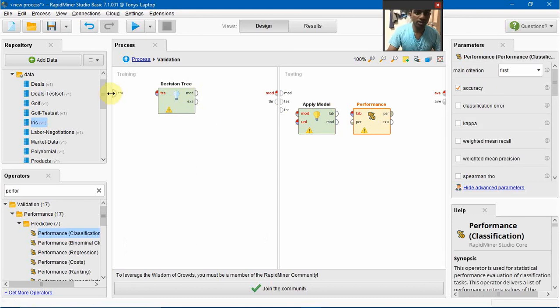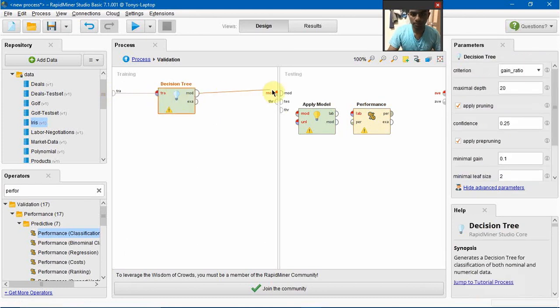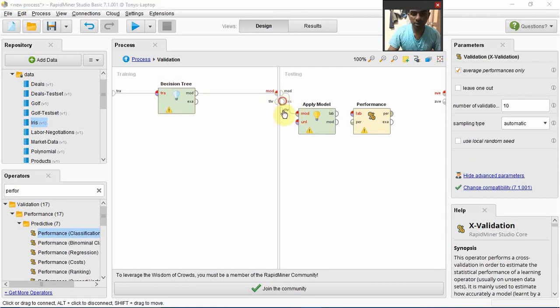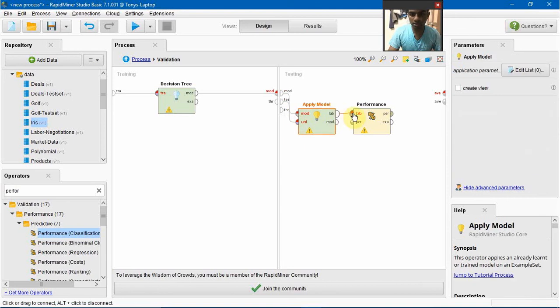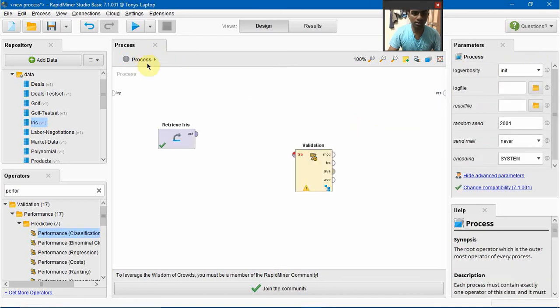Now let's do the necessary connections. For the apply model, we're going to give two connections. Alright, now let's go back to the process.